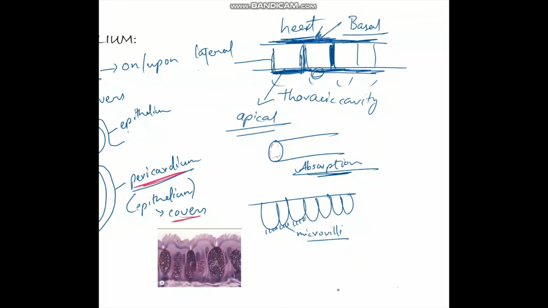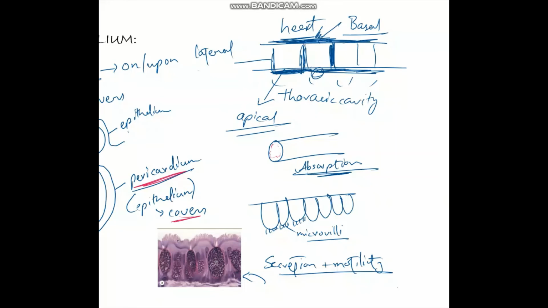A good example of an epithelium that is more suitable towards secretion and motility would be the respiratory epithelium that we've got right here. This is a good example of an epithelium that is more suited towards the functions of secretion and motility.